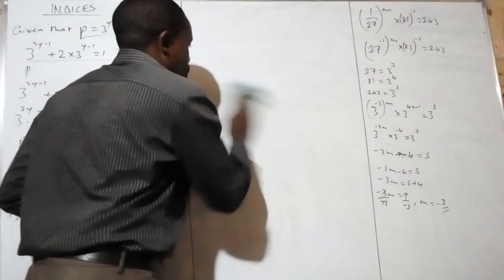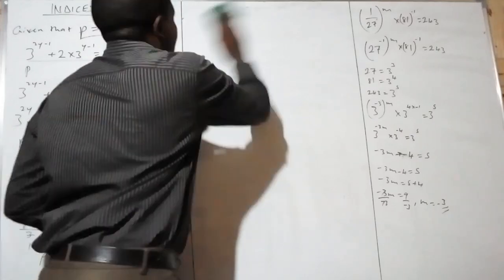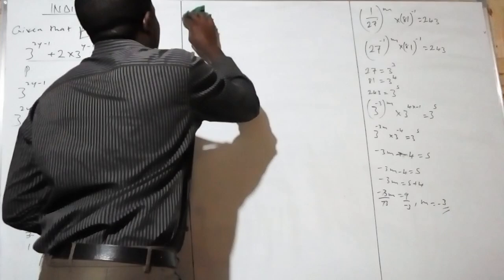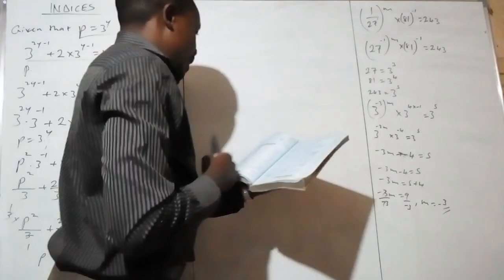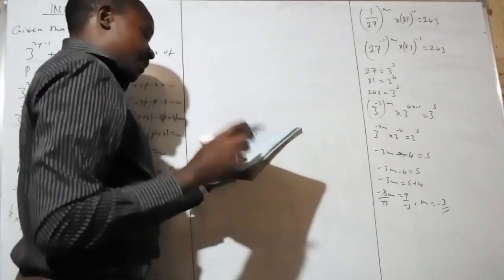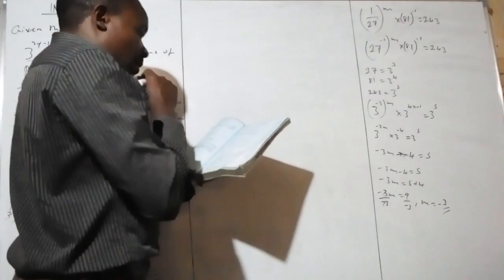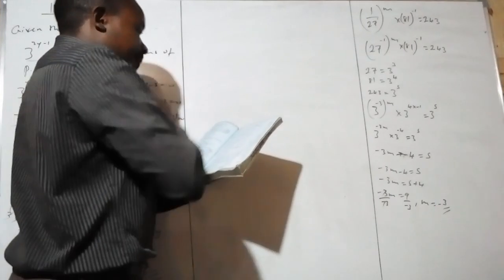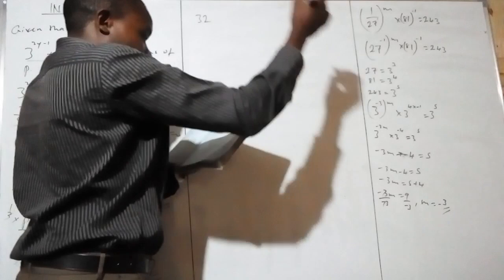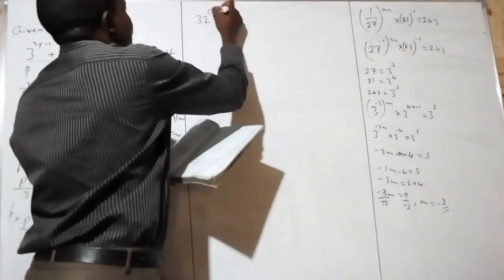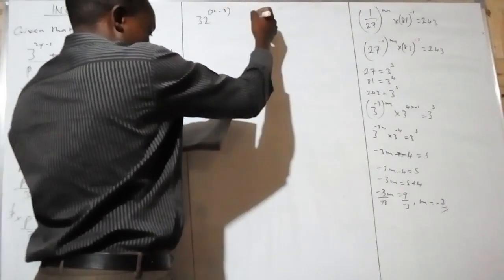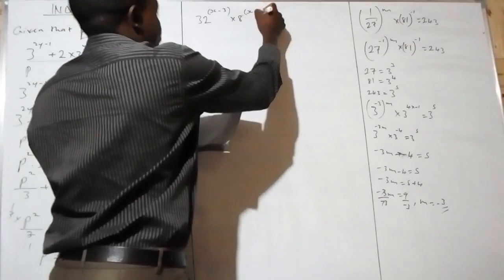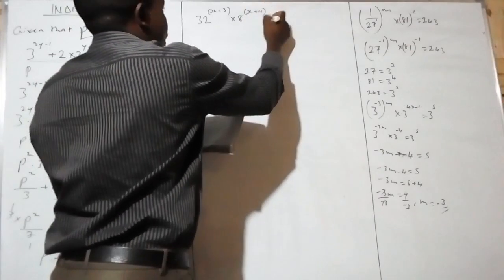Next, we've been told that you've been given this question: 32 into bracket x minus 3 times 8 x plus 4 is equals to 64 divided by 2 raised to power x.